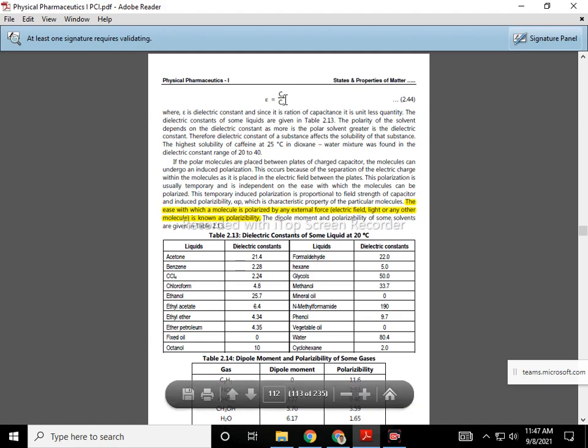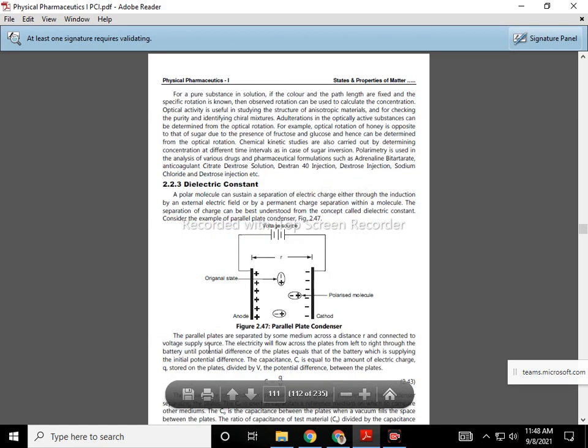This C is the capacitance that we are getting from the first formula which I told. This is our first formula, C is equal to Q upon V. These are the two formulas.